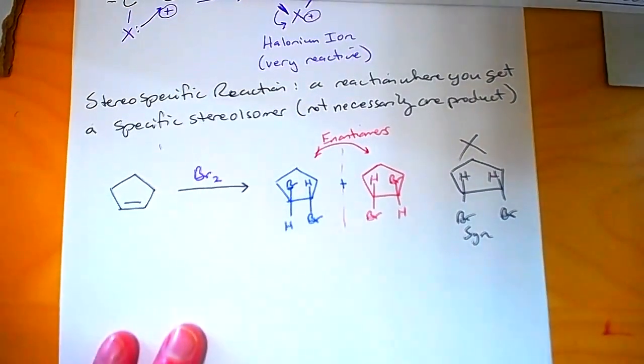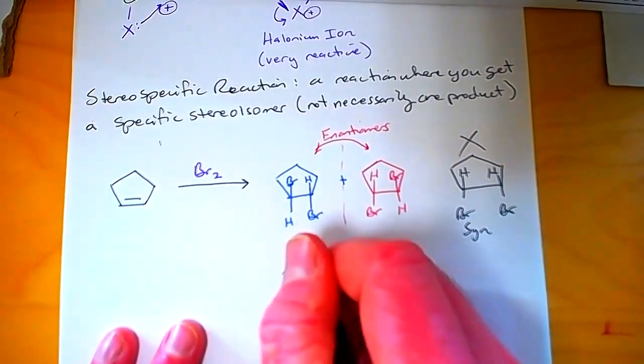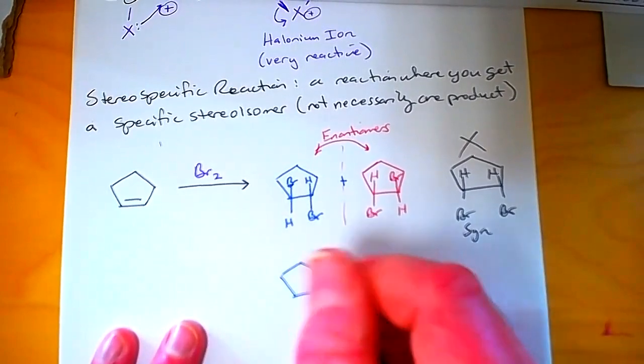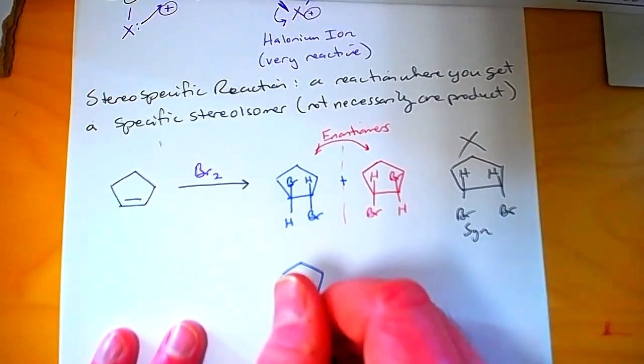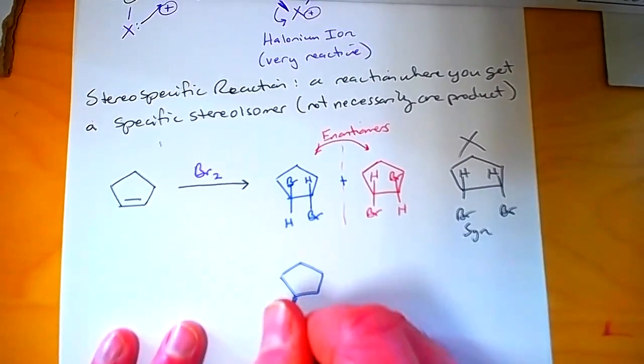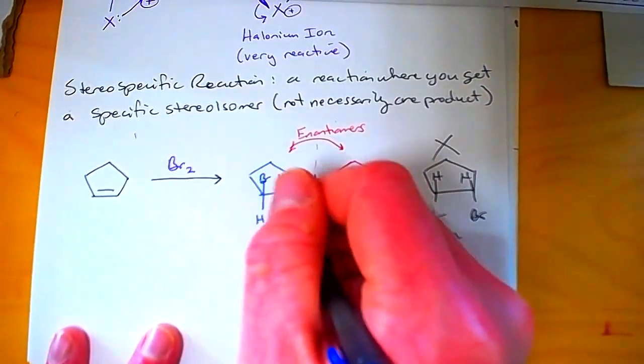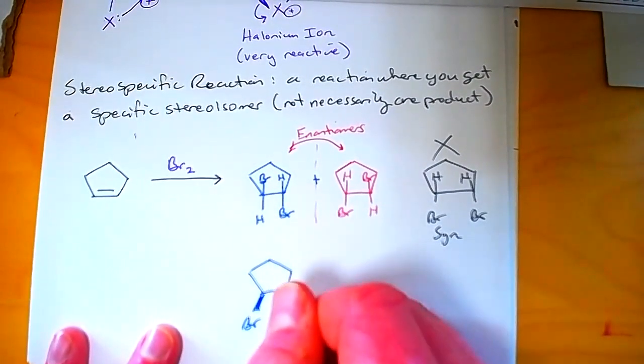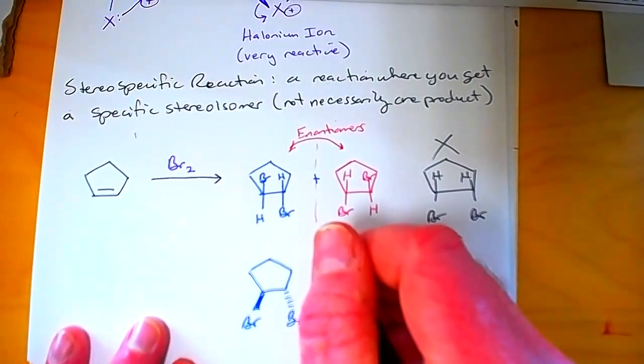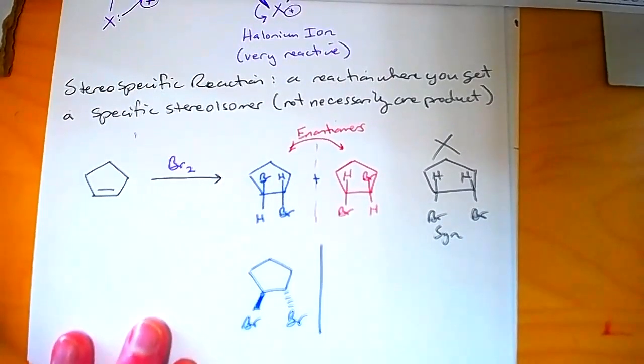Now, another way that I could have written those two out, just so that you know, this is not drawn out in this clear manner. So I'm drawing the bromine wedged up. So here you can clearly see that it's wedged up, and then the other bromine should be dashed back, clearly showing a trans product.